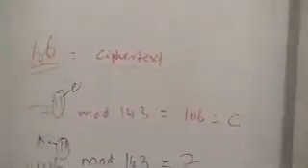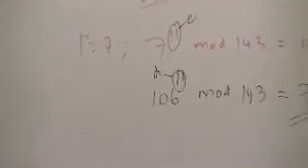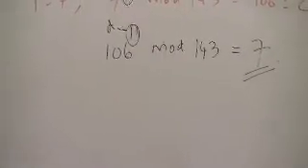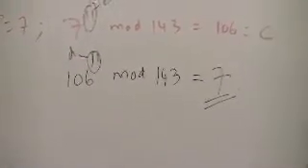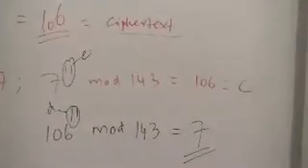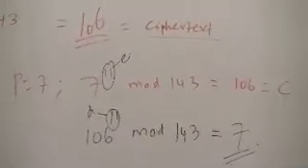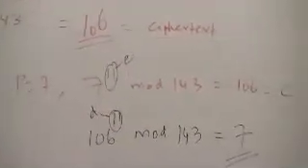So I have that there, so practice it. 7 is the plain text, and 106 is the cipher text. So 11 is both the encryption and decryption key. But in the second example, these two are the encryption and the decryption keys.